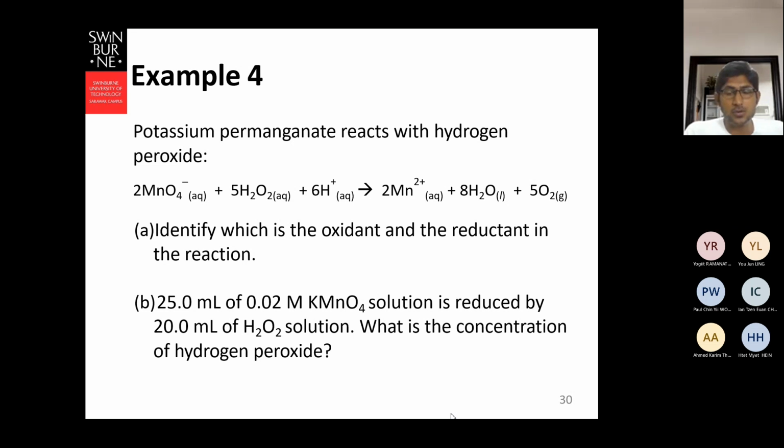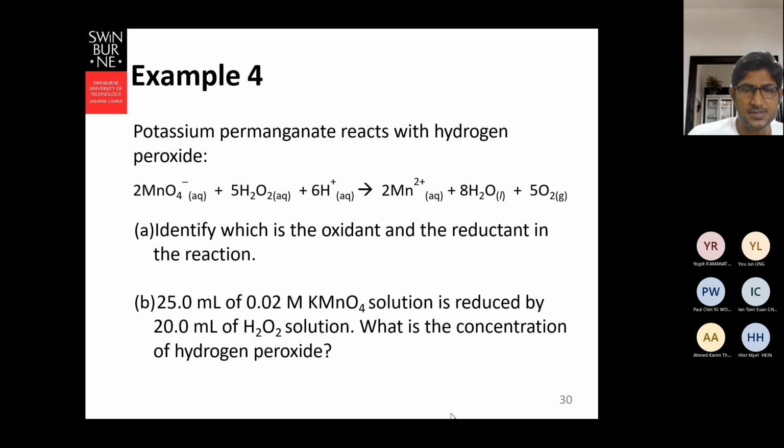So we need to know how it has been reduced. Potassium permanganate is such a strong oxidizing agent that hydrogen peroxide, which is an oxidant as well, becomes a reducing agent in this respect. So we have 25 milliliters, 0.2 molar. Can we find it or not?